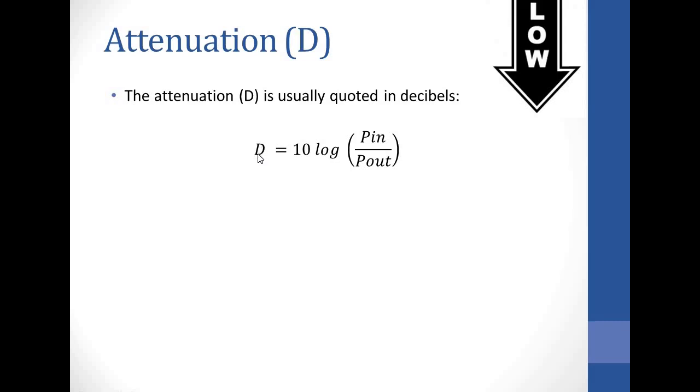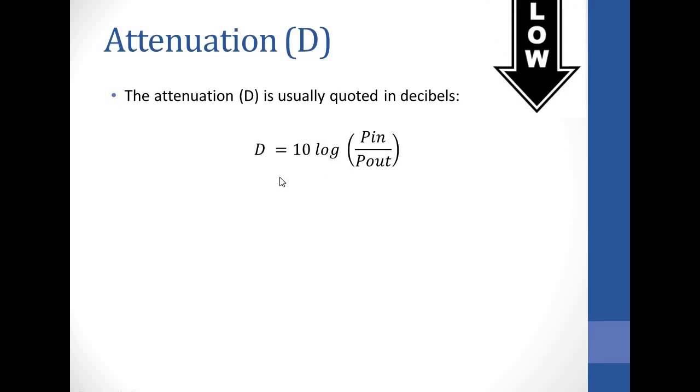So instead of us getting a negative value, we can get a positive value by inverting these two. It is the same formula. The only difference is here we've specified that we are going to calculate loss.